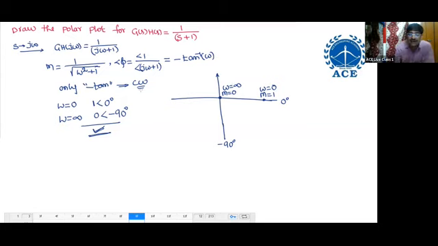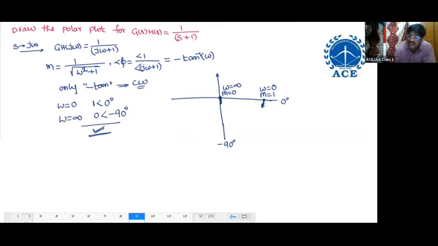Now which direction? Clockwise. It should move in clockwise direction like this. And where should it end? Minus 90, so this is minus 90, with magnitude 0. That means it should end here. Starting here, ending here. Direction clockwise means downwards. Make it dark.